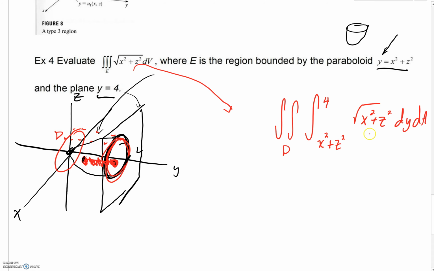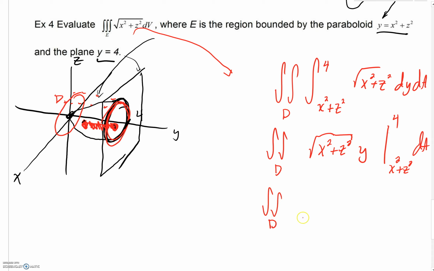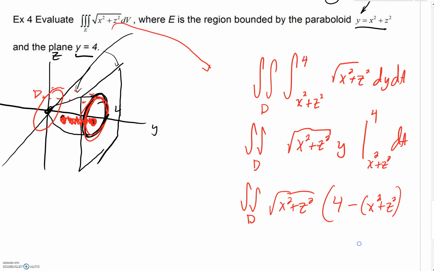We'd have our x squared plus z squared, and then we'd have a y, going from x squared plus z squared all the way up to 4. And as we work this out, I think you can see rather quickly that we'd have a 4 minus, and then we'd have our x squared plus z squared.